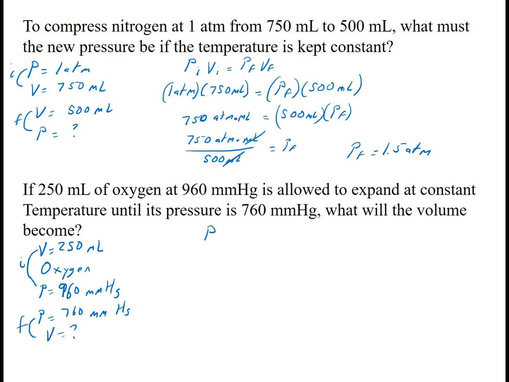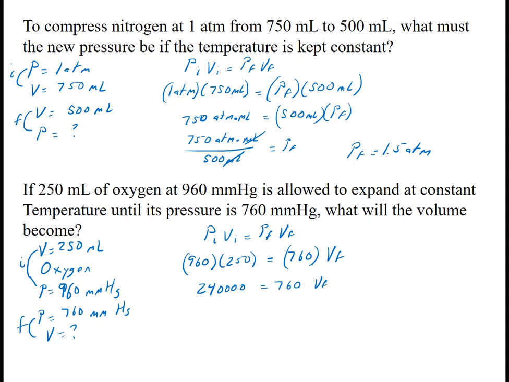So the same formula, when I have two pressures and two volumes, the formula is going to be PI VI is equal to PF VF. So I have 960 times 250 divided by 760, and my VF is what I don't know. I multiplied these two things together and I get 24 with 4 zeros after it is equal to 760 VF.